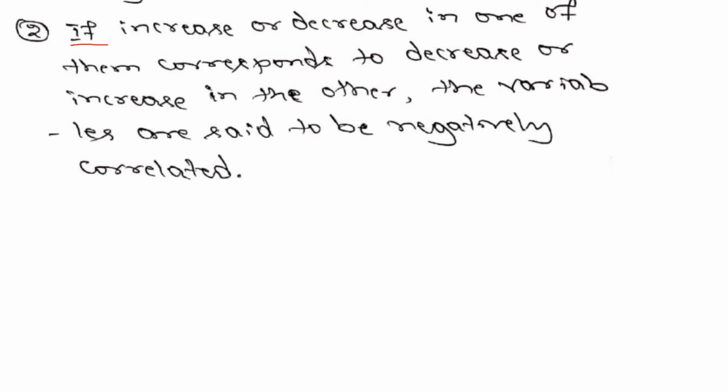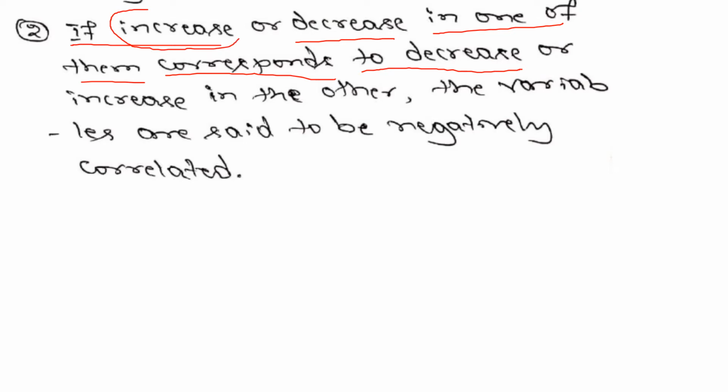If increase or decrease in one of them corresponds to decrease, that means if x increases, y decreases, then such data is called negatively correlated data.